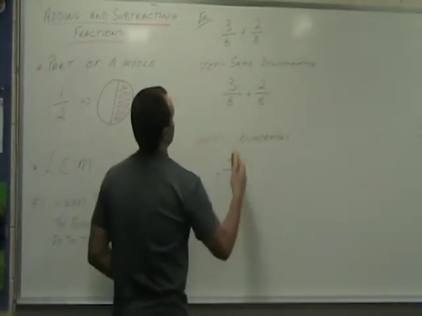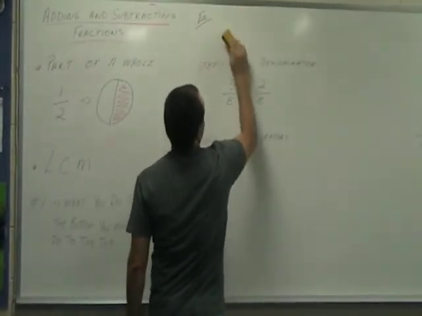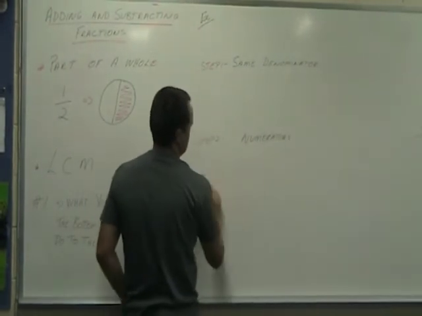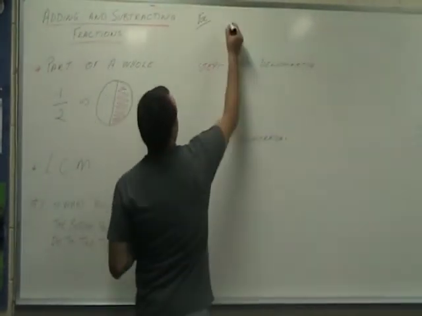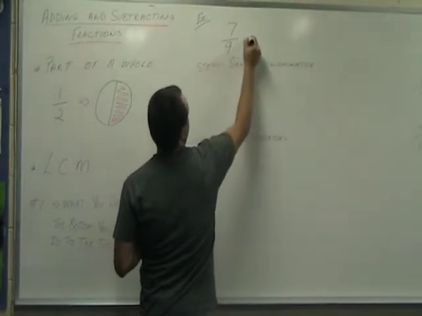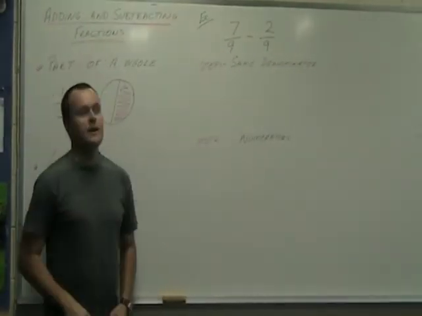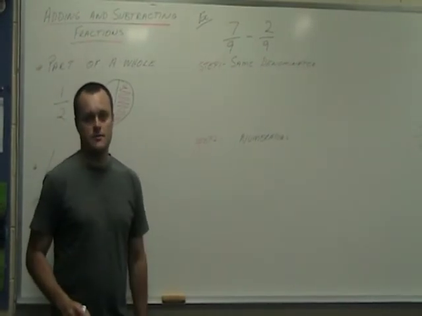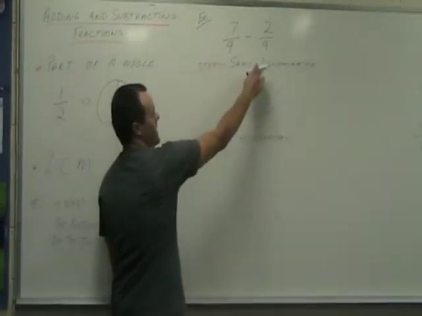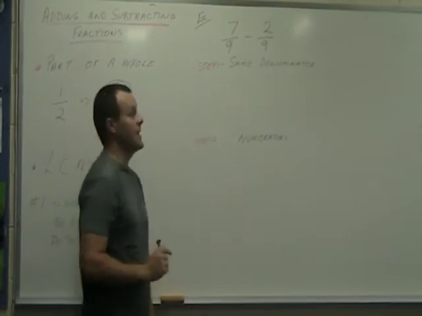The next one, simple example. 7/9 minus 2/9. Step number 1, we've got to get the same denominator.